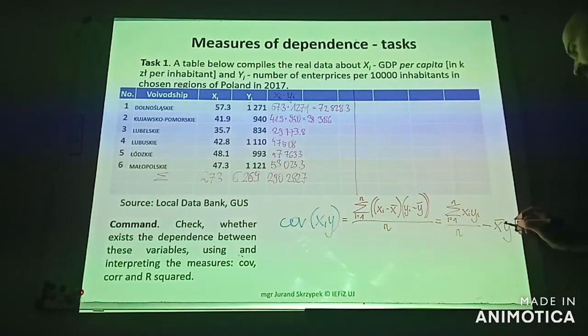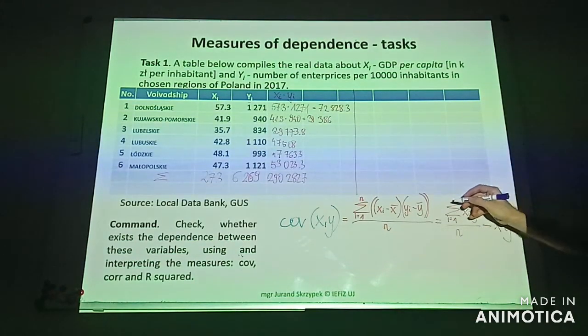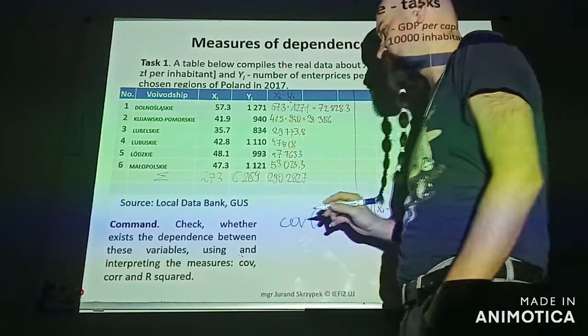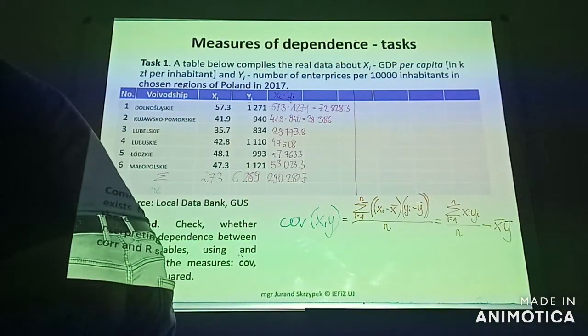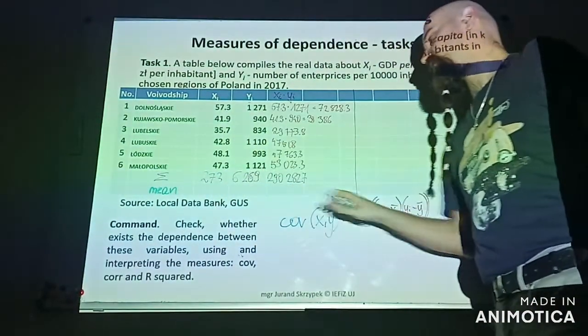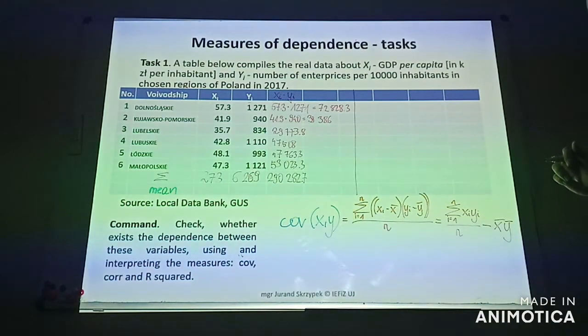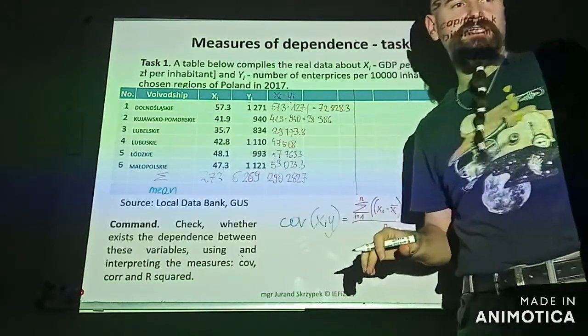As you can see, we must ensure in the formula the mean values of GDP per capita and number of enterprises per 10,000 inhabitants. Here we have also the mean product. It means that we need the next row, in which we will compute the mean level of x, mean level of y, and mean level of the product.